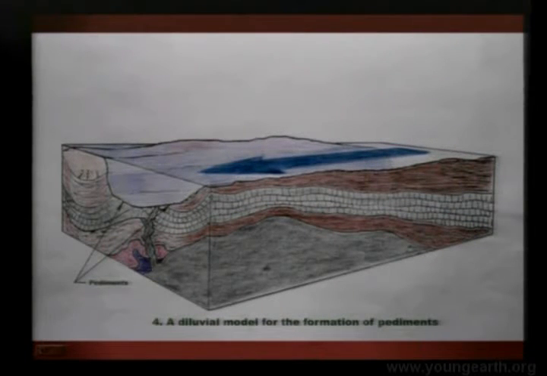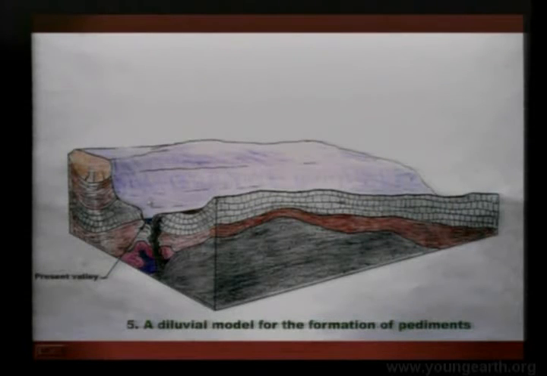And then the sides show up, and the whole valley is filled with water. And it's going so fast, maybe 100 miles an hour, that it's planing the edges of the valley down to a flat surface called pediments. That's how I think they formed during the flood. And so as the flood waters drain out through the valleys and ends, you end up with flat surfaces at the edges of mountains.